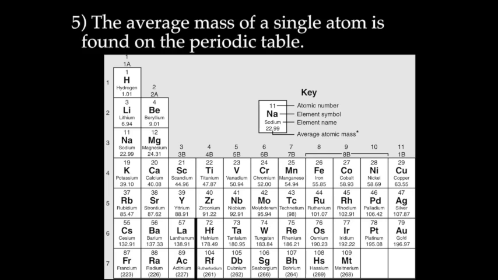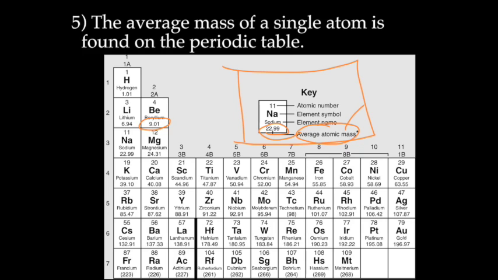In every periodic table, the location could be in a different place, so you always start by looking at the key. Every periodic table will have a key. And this key shows us that the average atomic mass is found at the bottom. So for example, the average atomic mass of beryllium is 9.01.